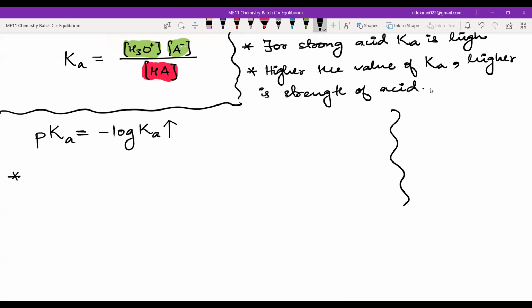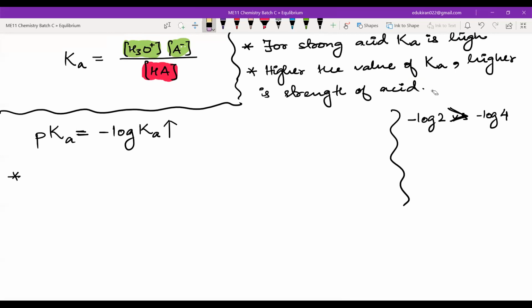Which is higher? Calculate the values and tell me now. Minus log of 2 is higher or minus log of 4 is higher? Minus log 2. So minus log 2 is greater than minus log 4. It means that if I increase the Ka, then the pKa will be less.